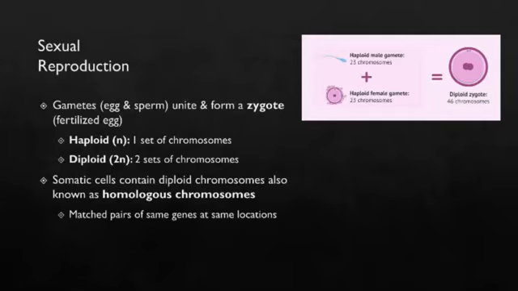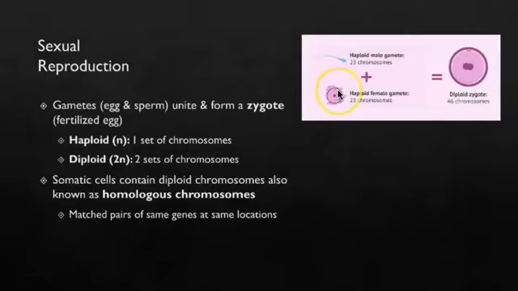First, let's talk about sexual reproduction. As I mentioned, gametes are the sperm cell or the egg, right? Notice how both of these are haploid and only have 23 chromosomes. And they are going to come together. The sperm cell swims up toward the egg, and there are some enzymes being released.